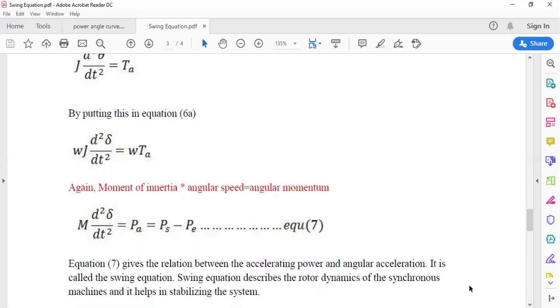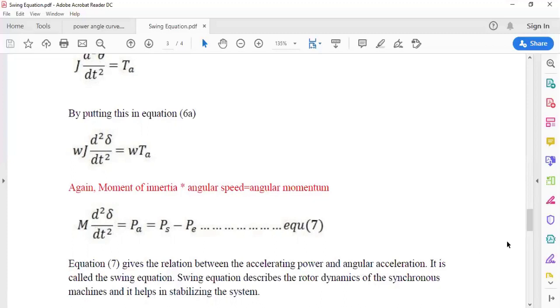Now, what is dynamics of the synchronous machine? If there are any changes in the system load, or any fault takes place, the machine will accelerate and decelerate based on the situation. So at that time swing of the rotor angle will be there, and that swing of the machine is the dynamics of the synchronous machine.